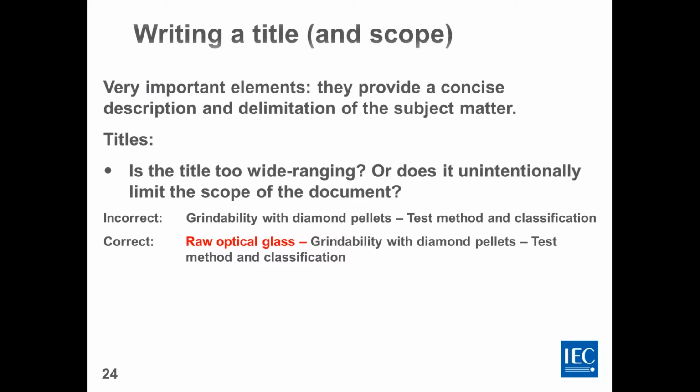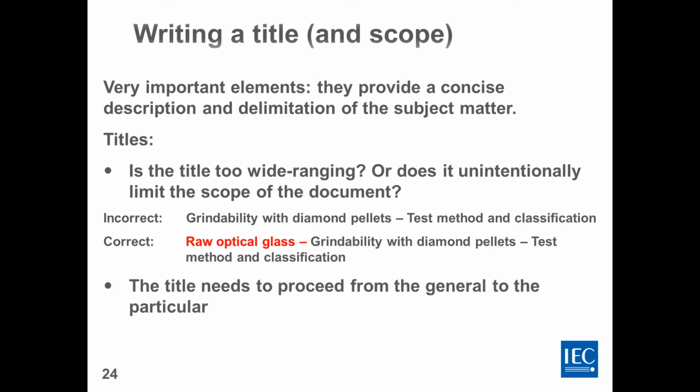So when you have documents which belong to a series, all of the parts in the series require a common title. Here we have an example for 60947. Both -1 and -2 contain this common element, which is low voltage switchgear and controlgear. And then whatever comes after that is specific to that particular part.